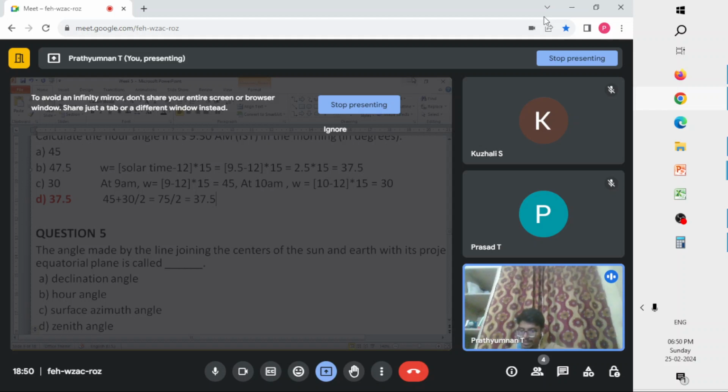The angle between this horizontal projection of the normal and the line pointing due south, let's say this is due south, this angle is called the surface azimuthal angle, but that is not coinciding with the definition.